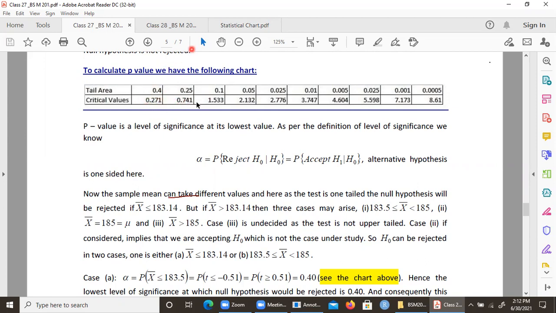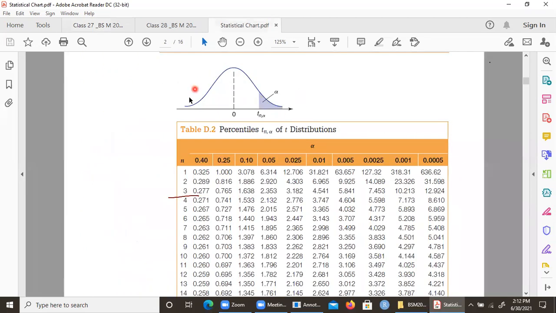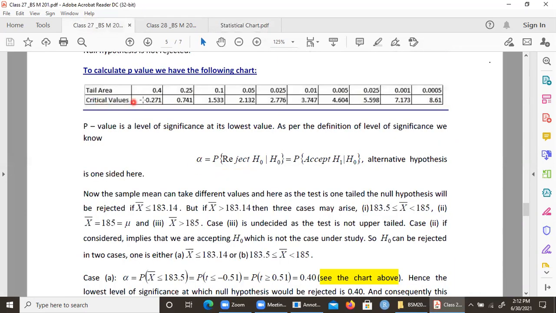I'm again showing you the area. The area is this one. This is the curve for which the probabilities have been calculated. Now, whenever they write that corresponding to this critical value 0.271, the tail area is 0.4, it means the following. We have this T curve, or normal curve for small sample.